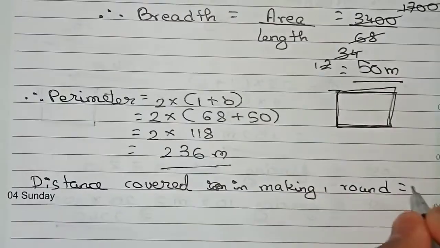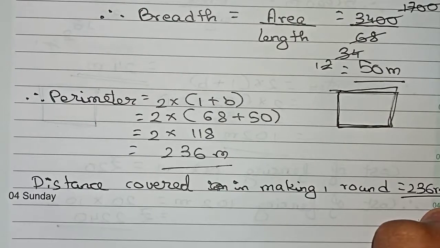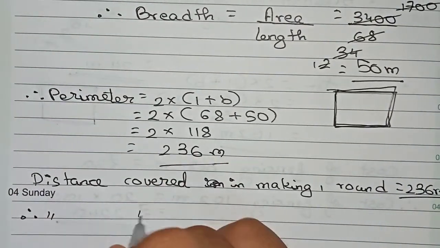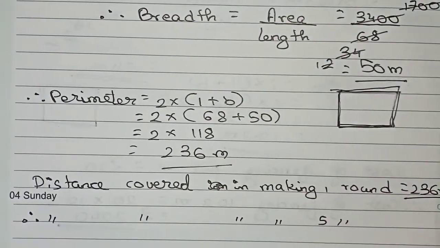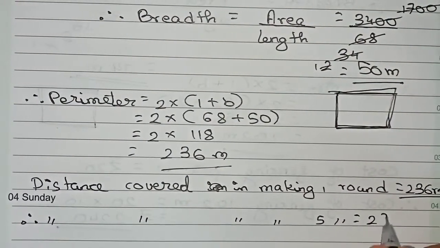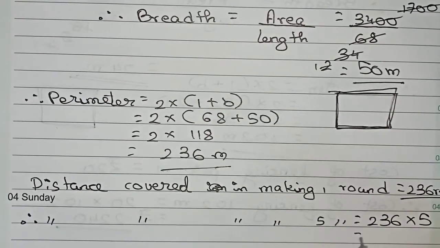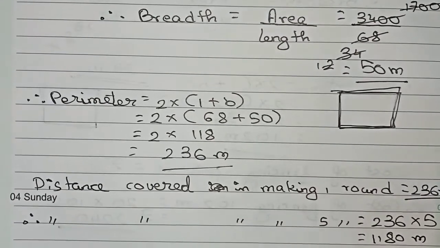So perimeter is 236 meter. Therefore distance covered in one round is equal to 236 meter. Now write the distance covered in making 5 rounds. The man makes 5 rounds, so 5 rounds will become 236 into 5, which is equal to 1180 meter. So this is our final answer for this question.